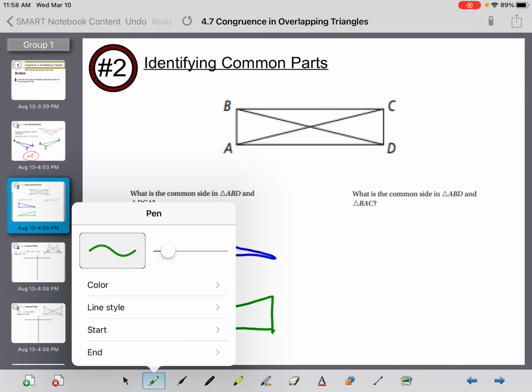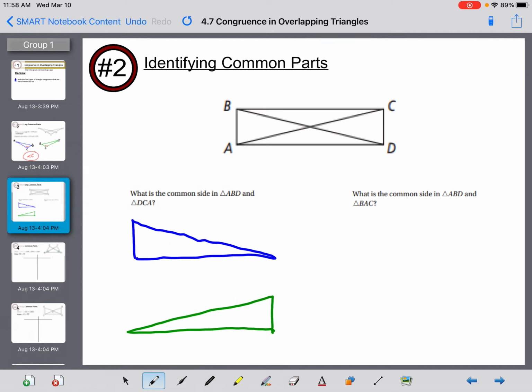And if I were to label these, we have A, B, D, D, C, A. And what side do they share? Well, the only side that both of them have together is side AD. So that would be your answer, AD.